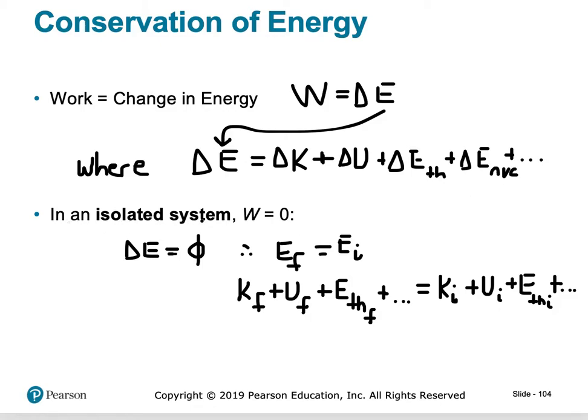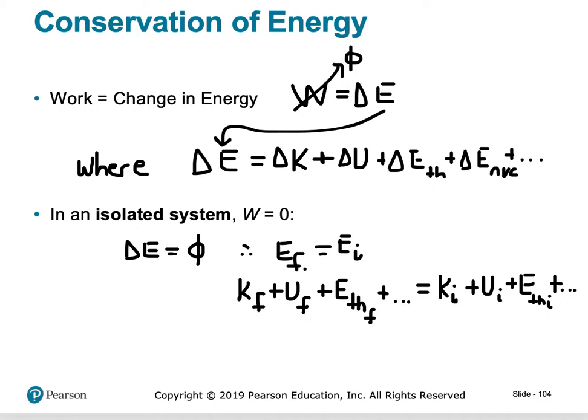If we have an isolated system, then work is equal to 0. If work is equal to 0, then the change in energy is equal to 0. In other words, final energy is equal to the initial energy.